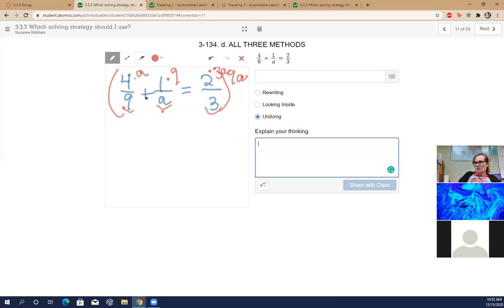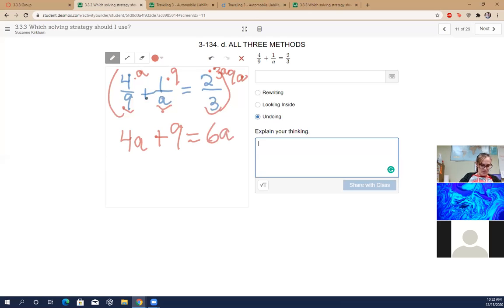Now we're ready to rewrite our fractions. Okay, so we'll have 4a plus 1 times 9 is 9 equals 2 times 3a is 6a.